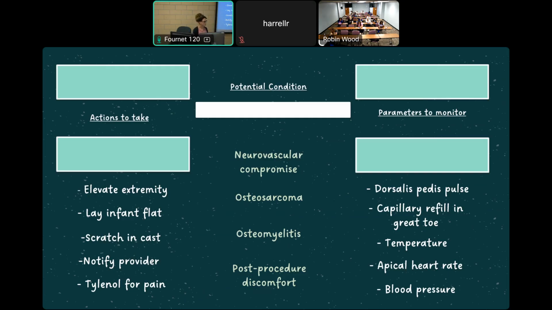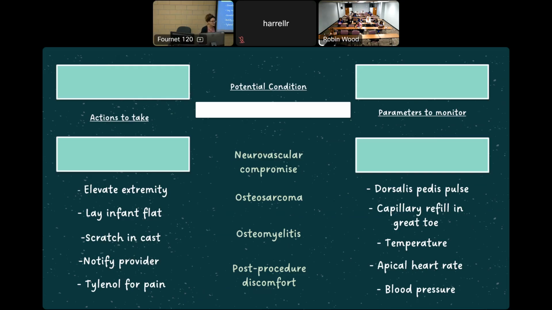Just a question though, what do you mean by scratching the cast? Like sticking something in there? Shoving something in there? That's definitely a no. Okay. And then we definitely want to monitor cap refill and the pulse, right? So are we going with neurovascular now? Yes, we are worried about neurovascular compromise.